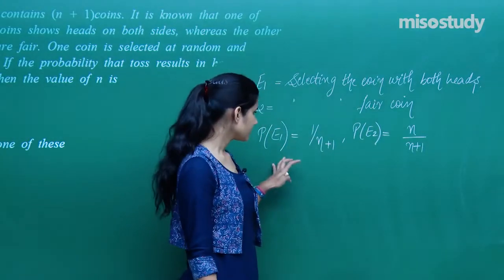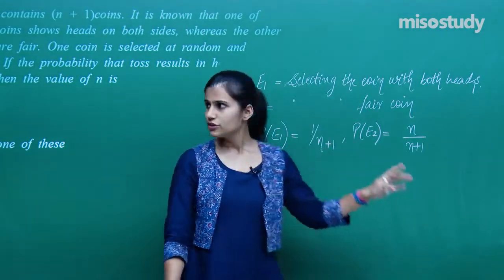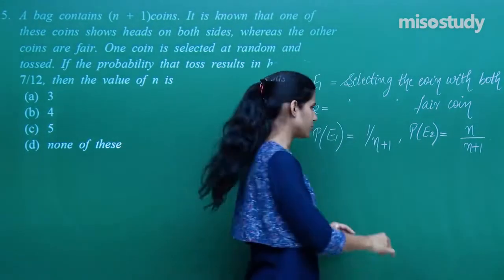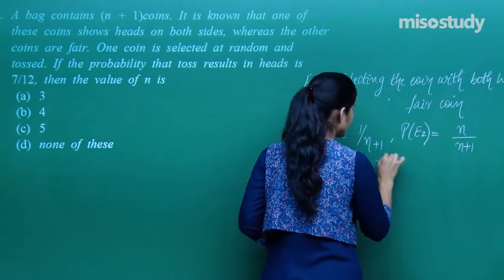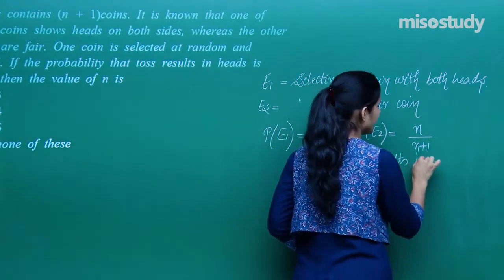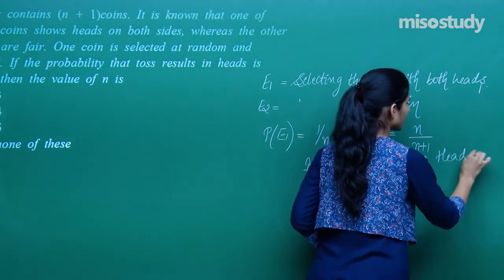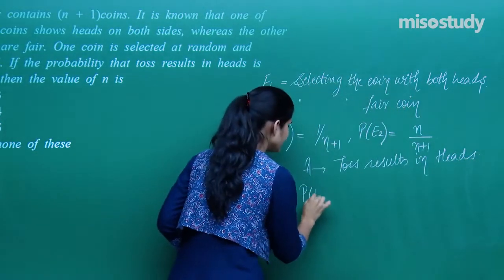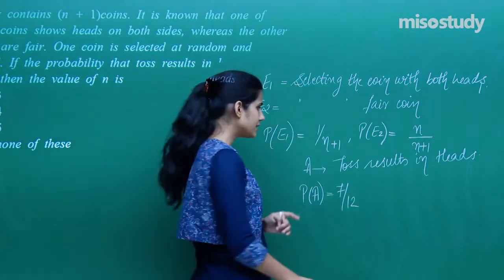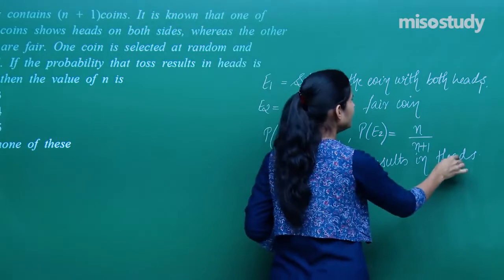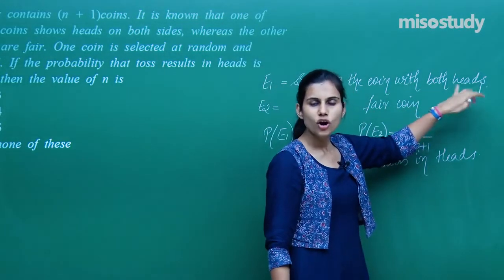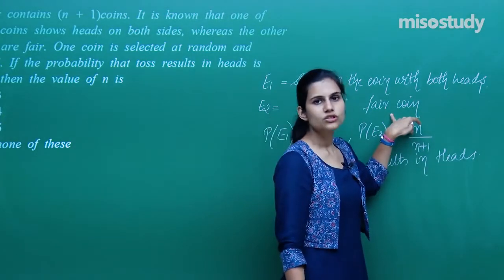Understood? Once you have this, question is, probability that toss results in heads is 7 by 12. So, if I take the event A as toss resulting in heads, you are given that probability of A is actually 7 by 12. But one thing you understand, toss can result in a head when you are tossing the coin which has both sides heads written, or when you are tossing the coin which is fair.